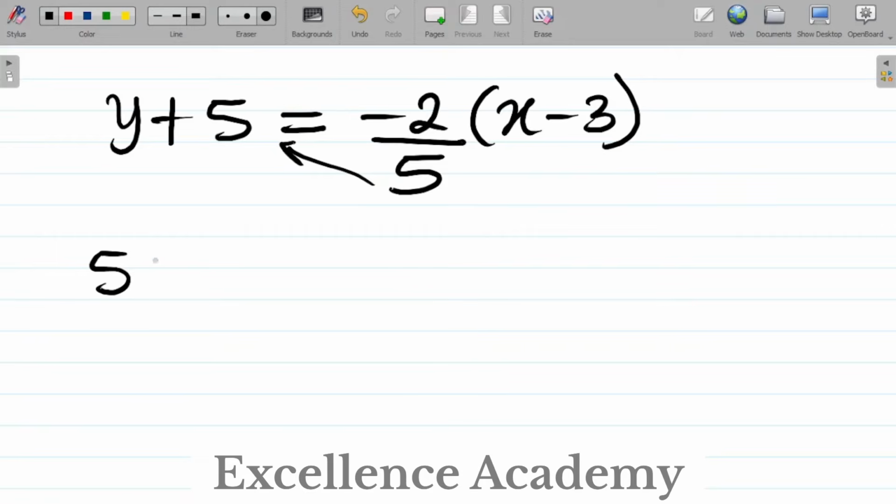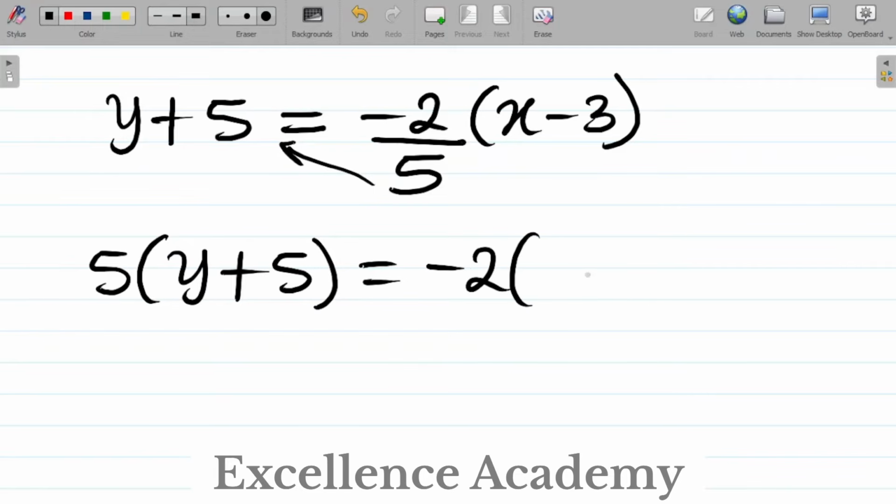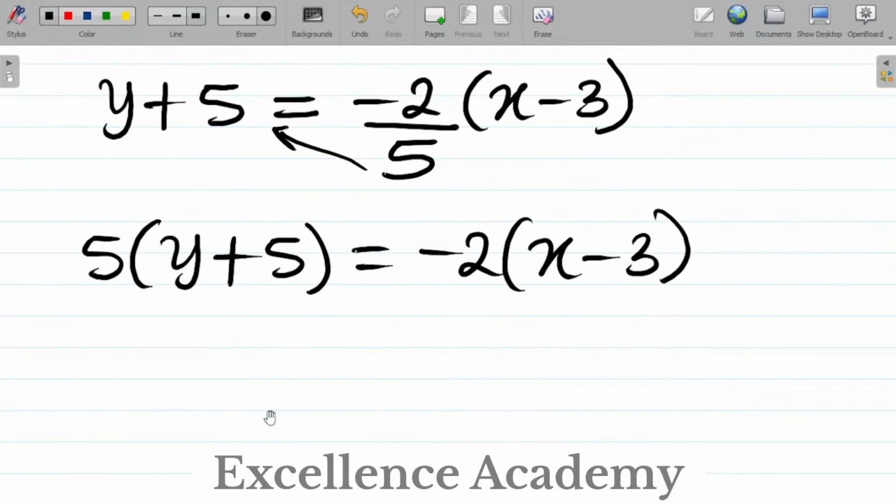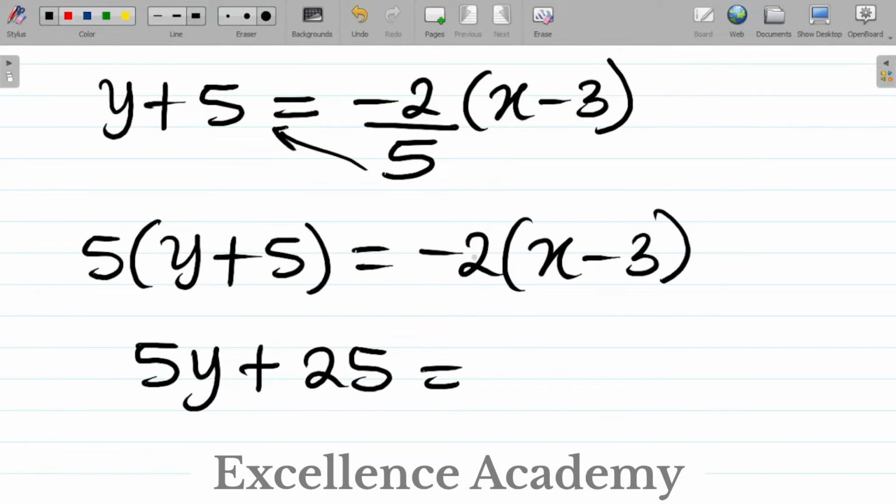That becomes 5 multiplying y plus 5, equal to minus 2 into x minus 3. If I expand the bracket, 5 times y is 5y, plus 5 times 5 is 25, equal to minus 2 times x is minus 2x, minus minus is plus, 2 times 3 is 6.